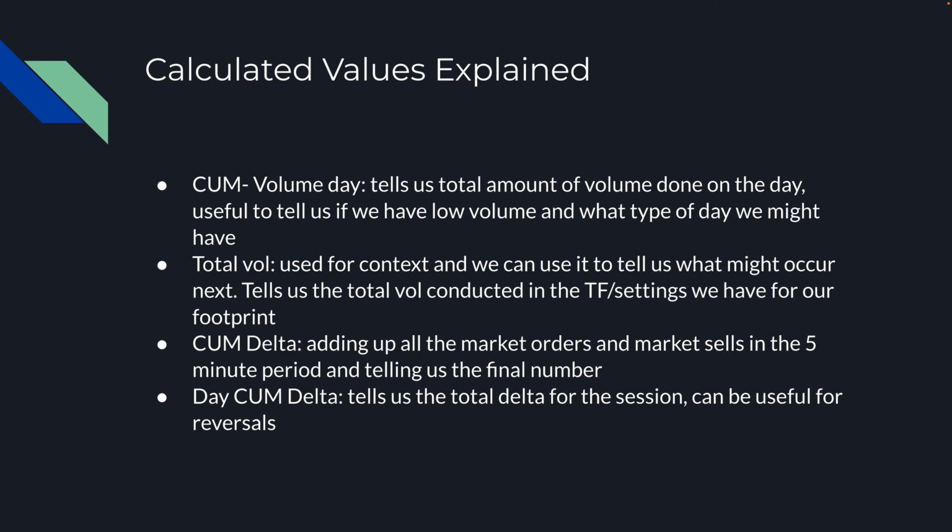Total volume is used for context, and we can use it to tell us what might occur next. It tells us the total volume conducted in the time frame settings we have for our footprint. Cumulative delta adds up all the market buys and market sells in the 5-minute period and tells us the final number. And then the day cumulative delta tells us the total delta for the session, which can be useful for reversals.